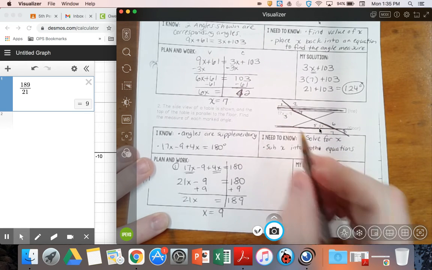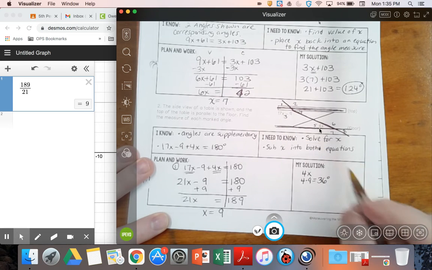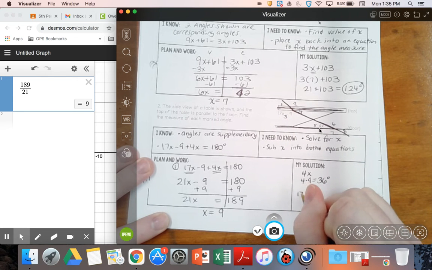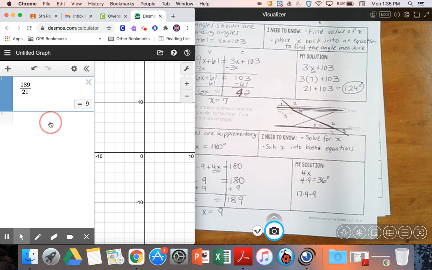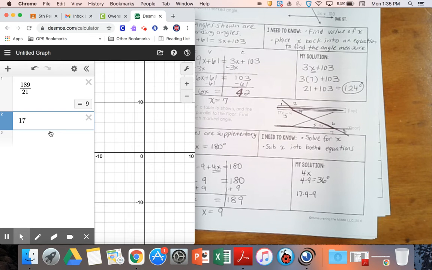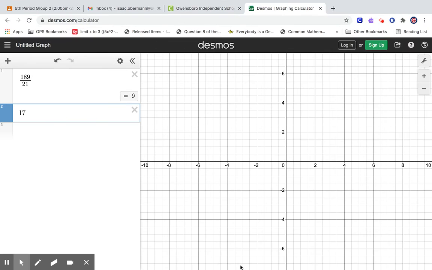I can put the 9 back in for the next one here, because they should be two different angles. When I do that, there's 17 times 9 minus 9. I can put that in my Desmos calculator here. 17 times 9 minus 9.